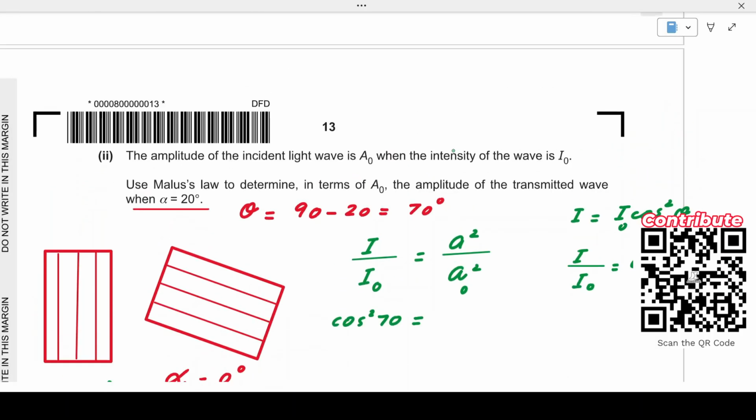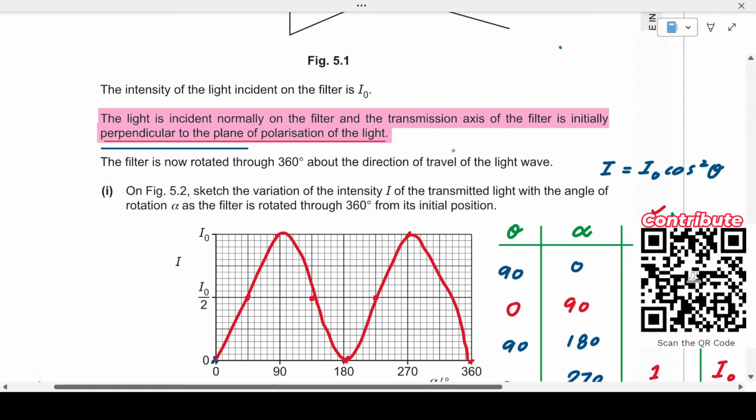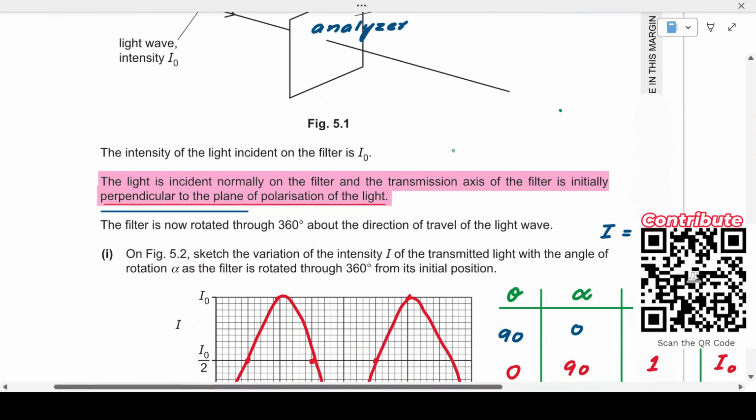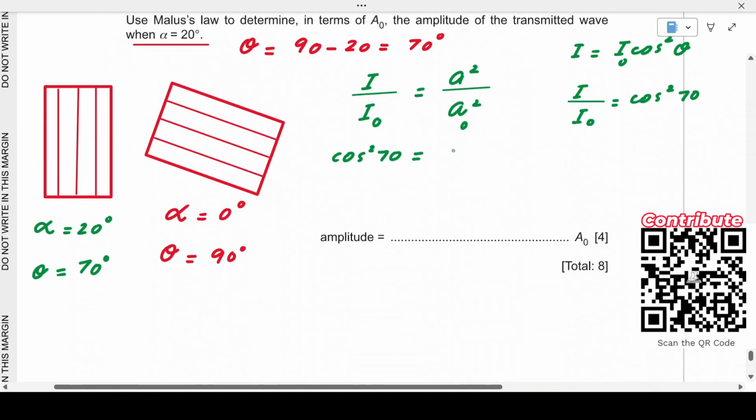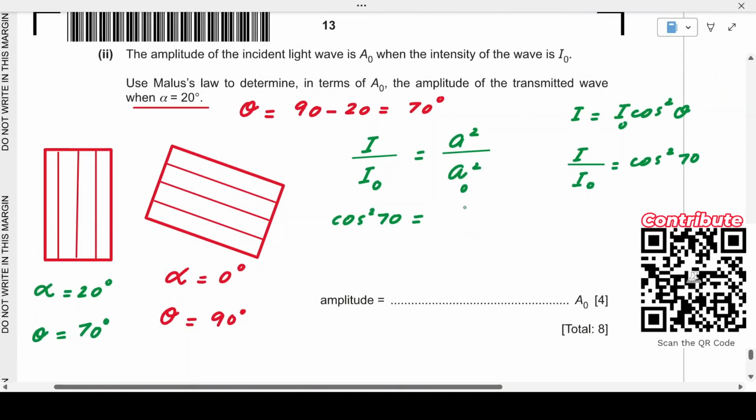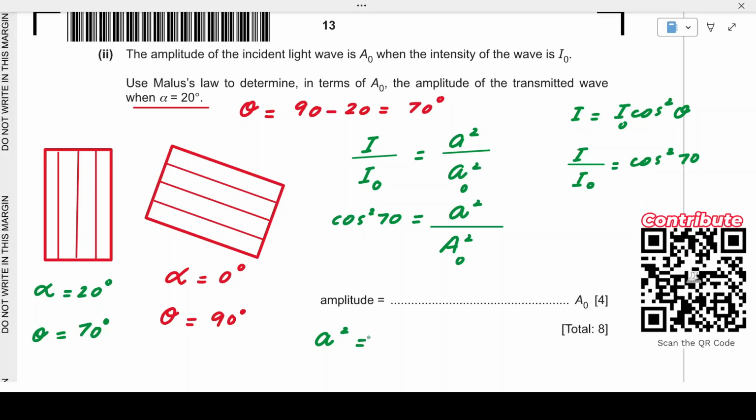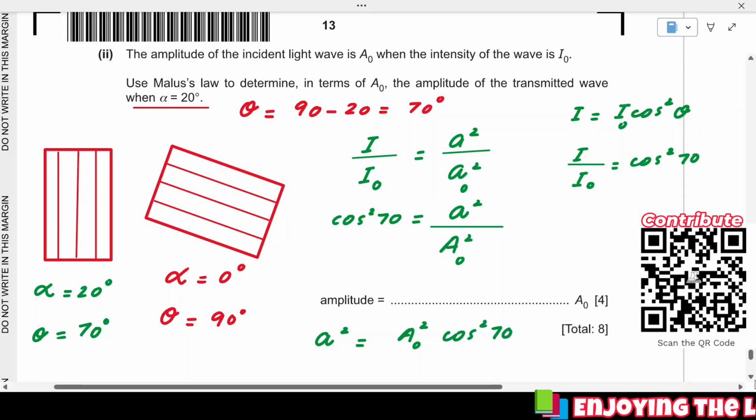What was the amplitude initially? The new amplitude we don't know, but the old amplitude is A naught. A naught means the old amplitude. This one was A naught square. So the new amplitude A square equals A naught square cos square 70.